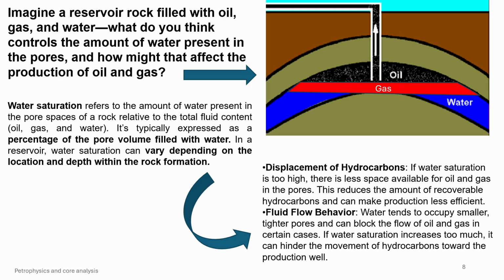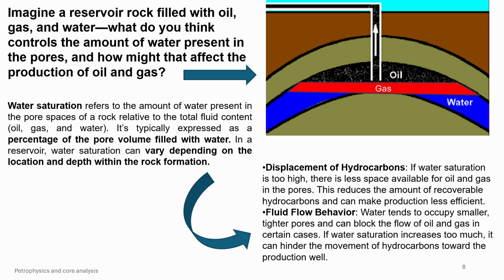Water saturation is the fraction of pore space occupied by water. Since the pore space may contain water, oil, and gas, the amount of water matters a great deal for hydrocarbon production. If water saturation is high, there is less pore volume available for hydrocarbons. In addition, water often occupies smaller pores and may block hydrocarbon flow.